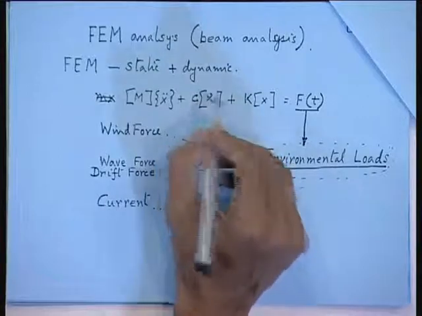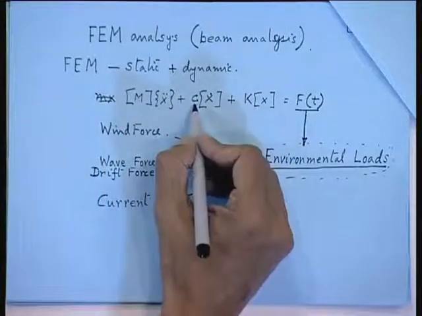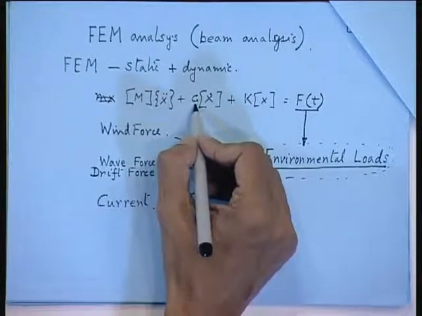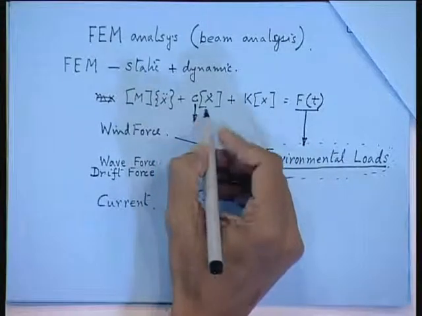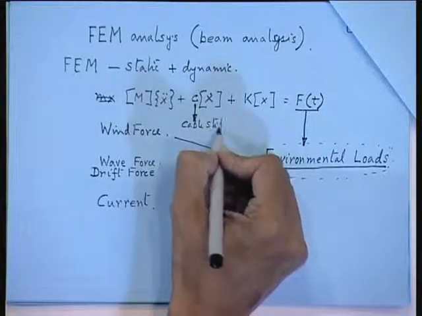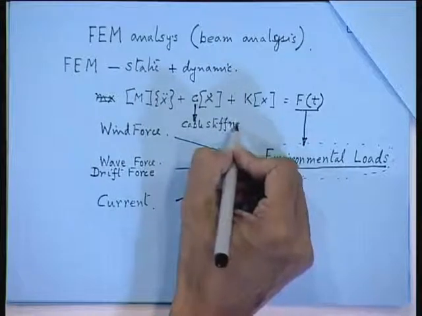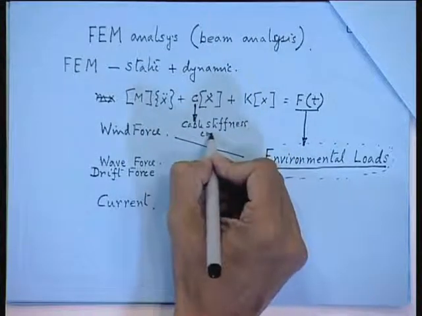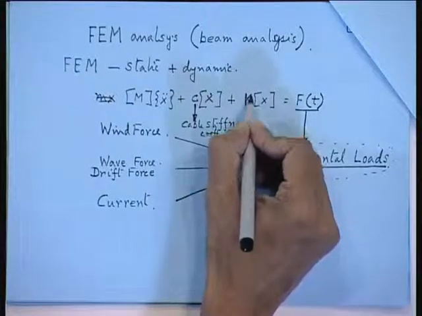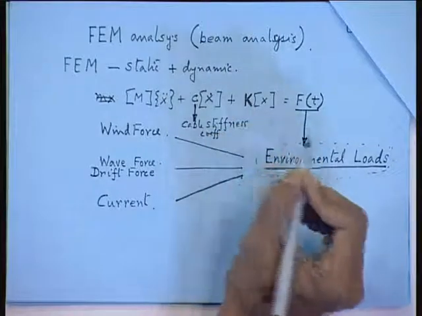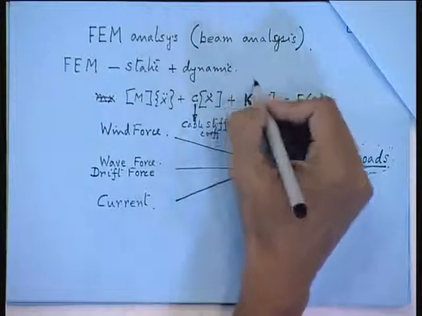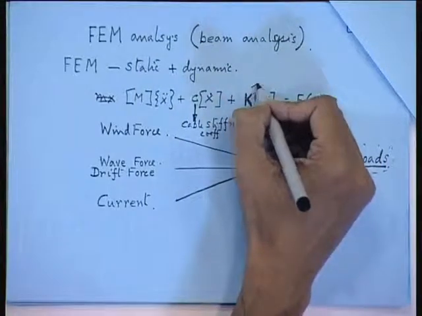this C I will talk about later on. Your C is called the cable stiffness coefficient. Now, how do you find out K? We will come to this. K is called the spring stiffness.